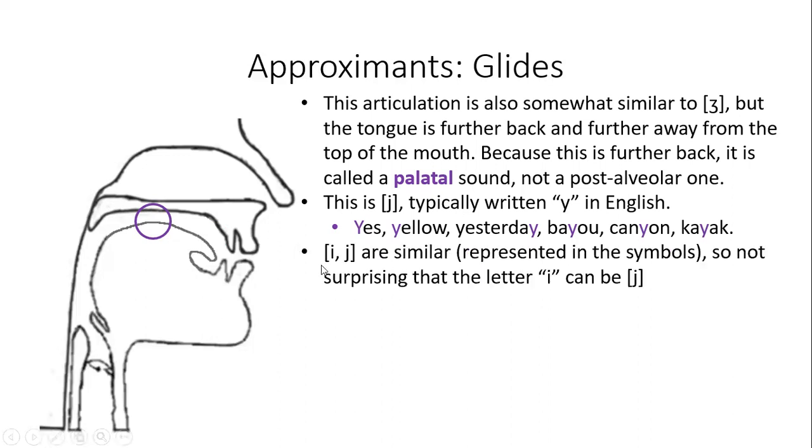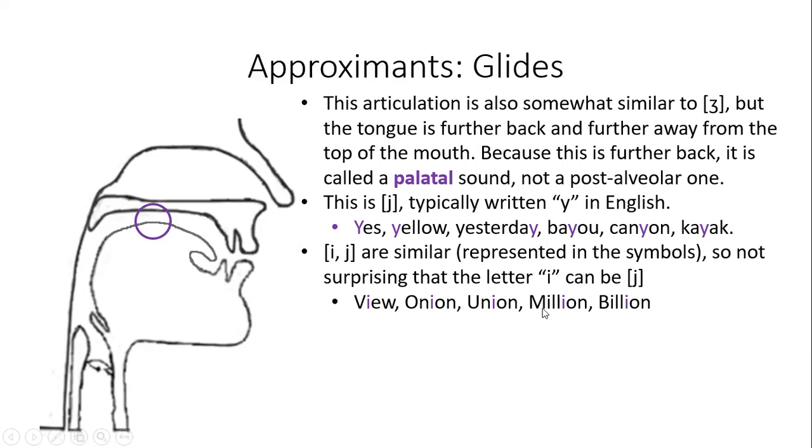And you might notice by the symbols that E and Y are similar. Remember, we talked about how this is an E, and that is in your 4th hour as an E. So it's not surprising that the letter that we call I can be Y. So if you look at words like view, onion, union, million, billion, if you pronounce them as 2 syllables, obviously if you say million or billion, it's an E sound.